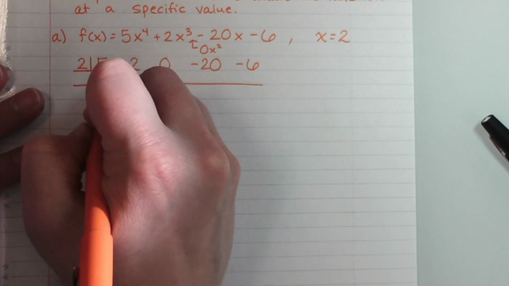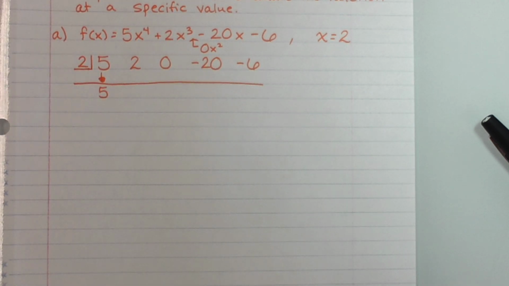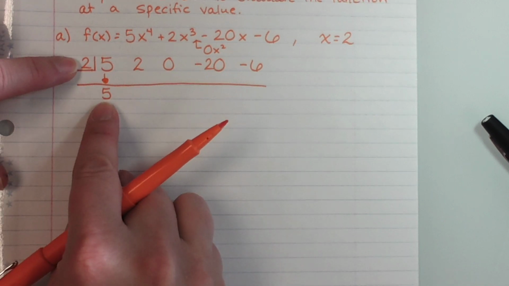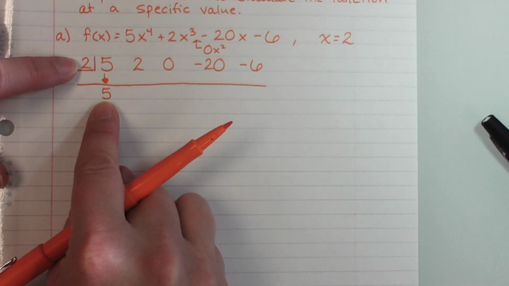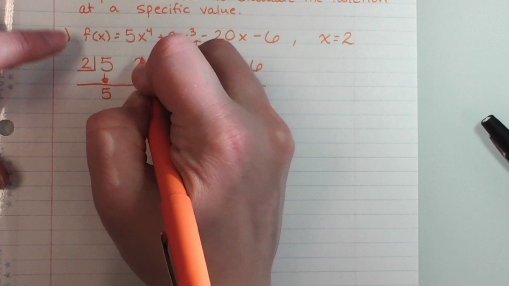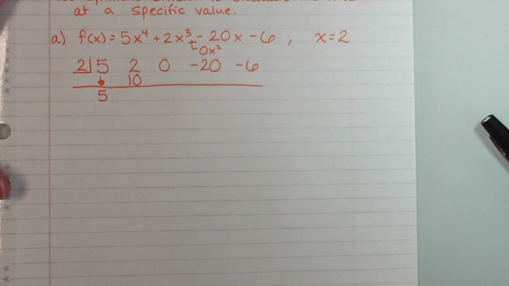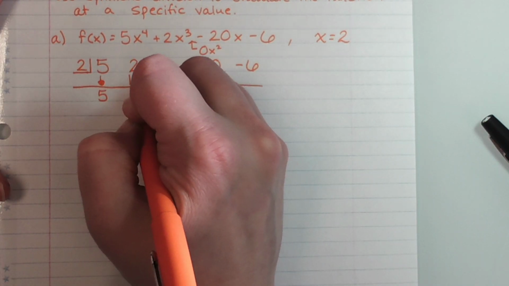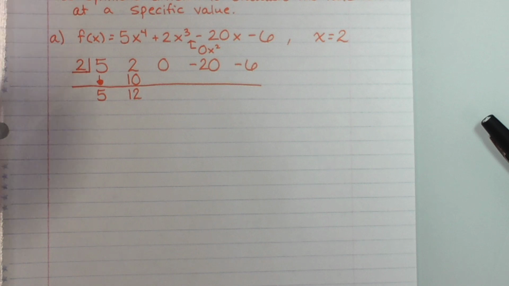We pull down the first term, I get 5. And then I do all of the normal things. 2 times 5 is 10. And I add 2 plus 10 is 12.